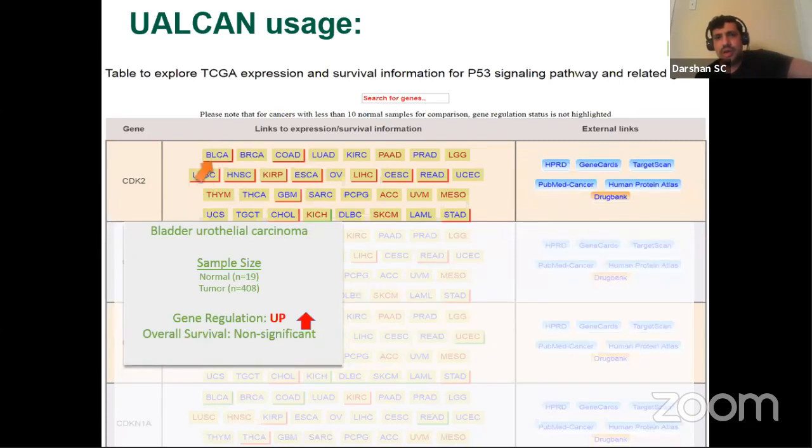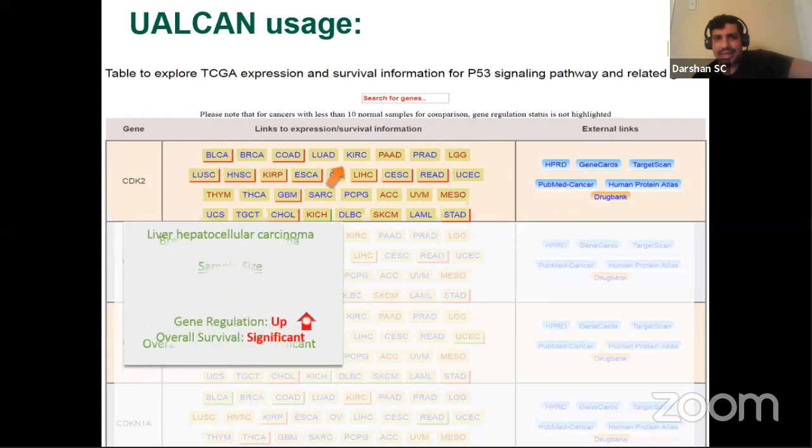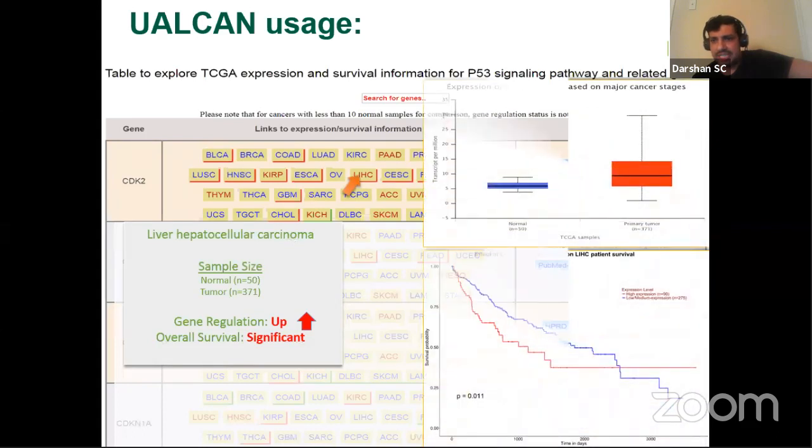When people put a cursor on them, they will be shown pop-up information on whether that gene is upregulated or downregulated, or whether survival is significant or not. So the user can see all the information at once, and can click on any of these buttons to get to the gene expression and survival page and know more information about it, and gather the graphics.